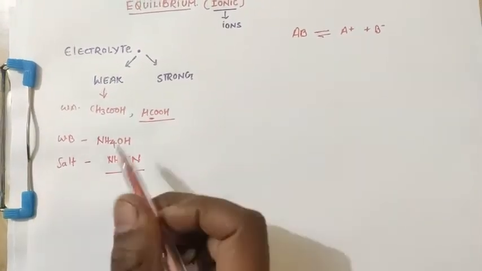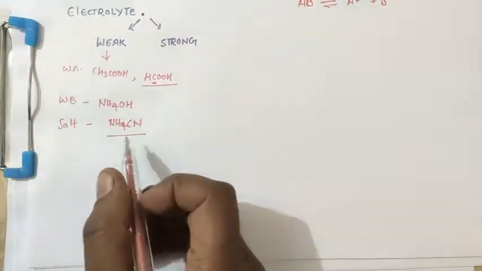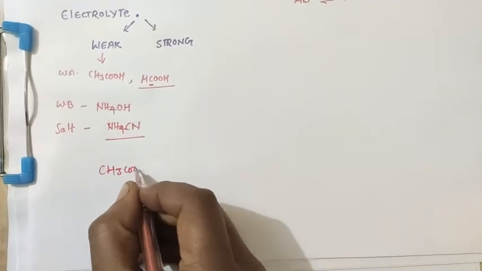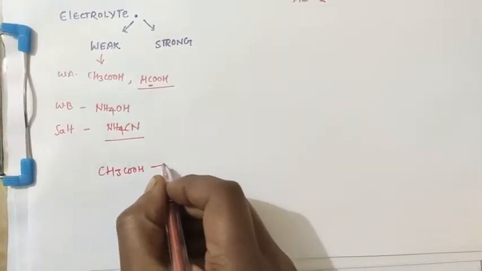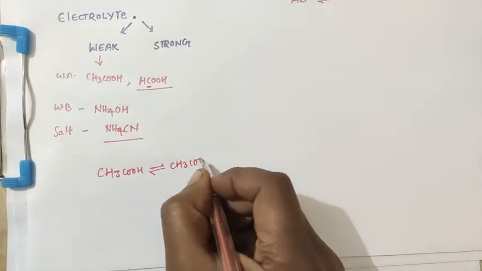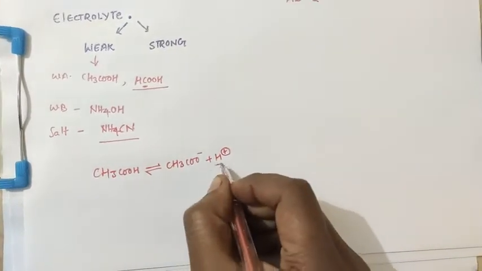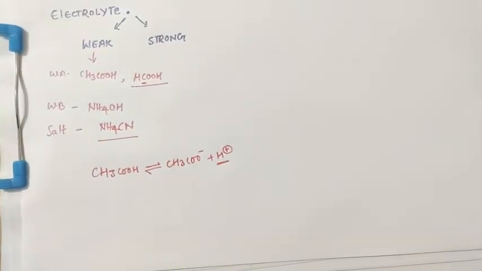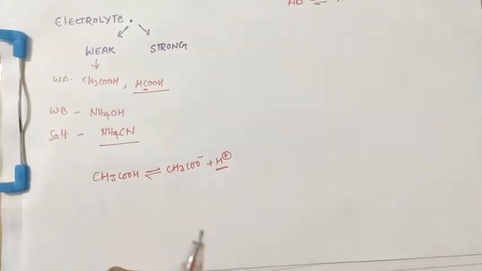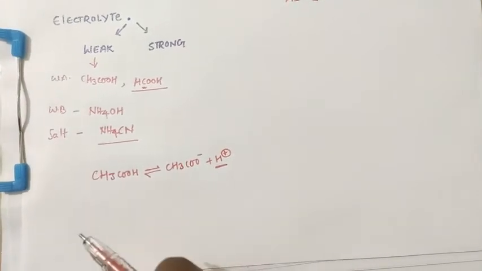What will happen with any weak electrolyte, students? Look here carefully. Suppose I have CH3COOH. If it ionizes, it will give CH3COO negative and H plus. Because it is a weak acid, the amount of ions will be less. A weak electrolyte is feebly ionized, or weakly dissociated.